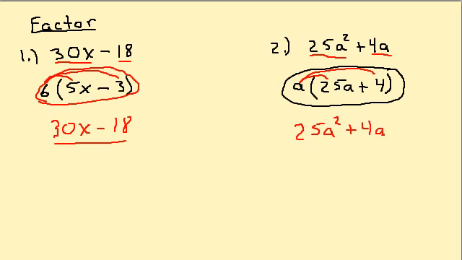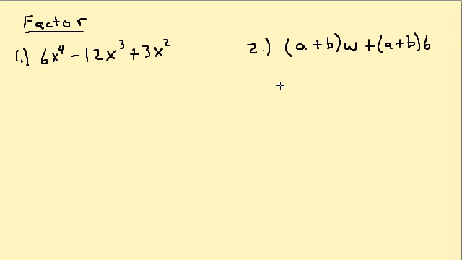Okay, let's take a look at some more. Here we want to find the greatest common factor of 6x to the 4th, 12x cubed, and 3x squared.